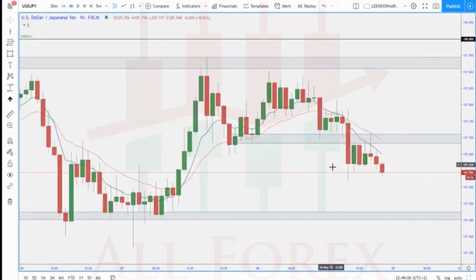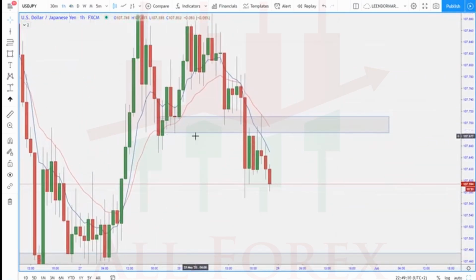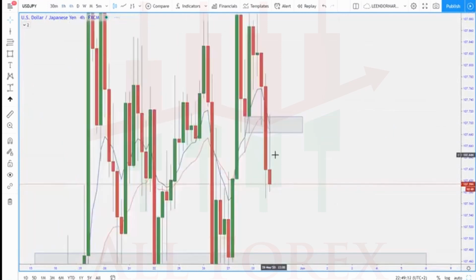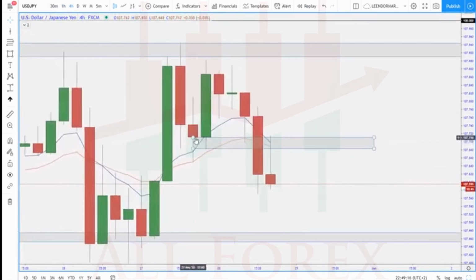When I zoom in, this is the H4 level, the 4-hourly level. How I got that level is I drew a line from the open and close of these two bodies, and I put it at the tip of that wick, which is almost the same.